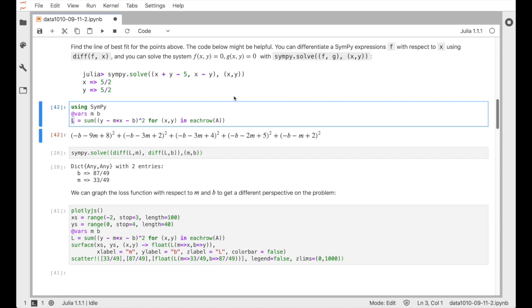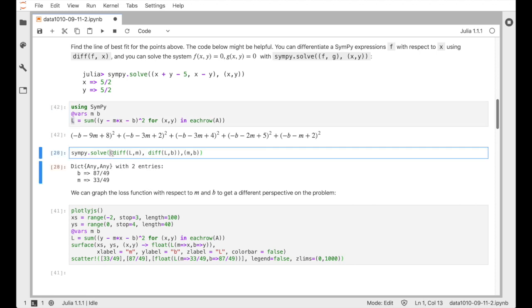And we're asked to find the critical points, assuming that there's no restriction on m and b. So the only possible critical points are going to have the gradient equal to 0, and so we differentiate with respect to m, and we also differentiate with respect to b, and we want to set both of those equal to 0.